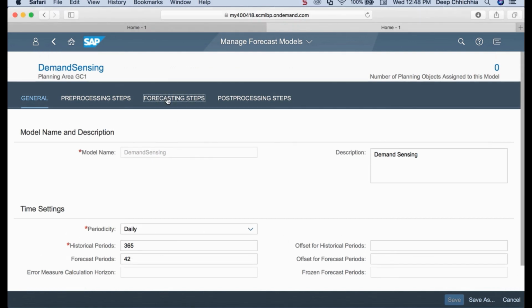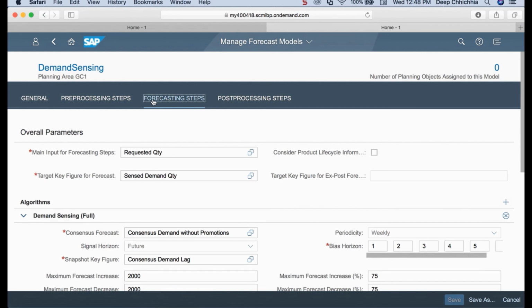So if you go to the forecasting steps, you will see other inputs. The main input that we have used is requested quantity. We could have used confirmed quantity as an input to demand sensing, but that would also include our supplier constraints. And since we do not want to include supplier constraints right now, we have inputted requested quantity as the main input to demand sensing.